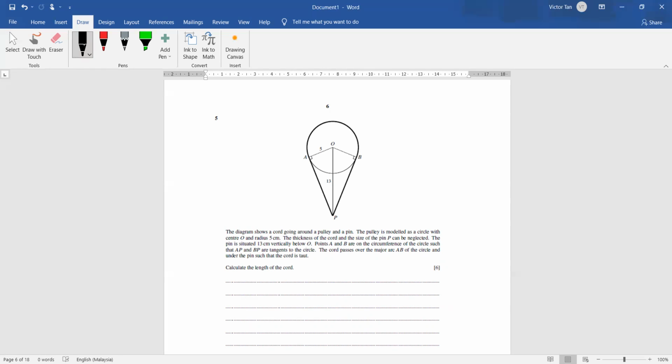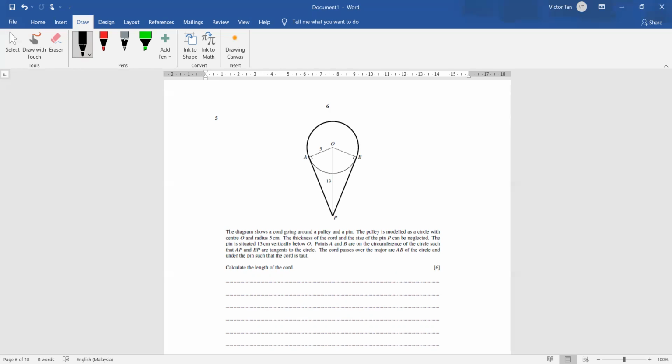The pin is situated 13 cm vertically below O. Points A and B are on the circumference of the circle such that AP and BP are tangents to the circle. The cord passes over the major arc AB of the circle and under the pin such that the cord is taut. Calculate the length of the cord.